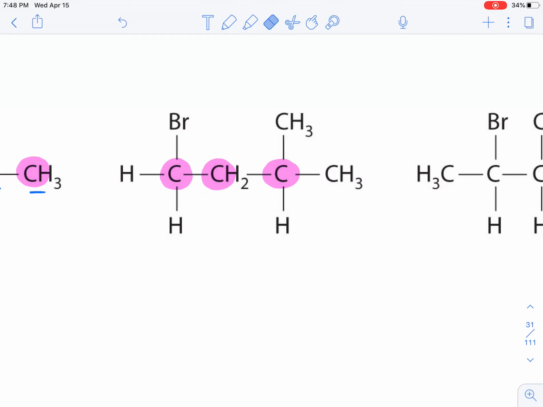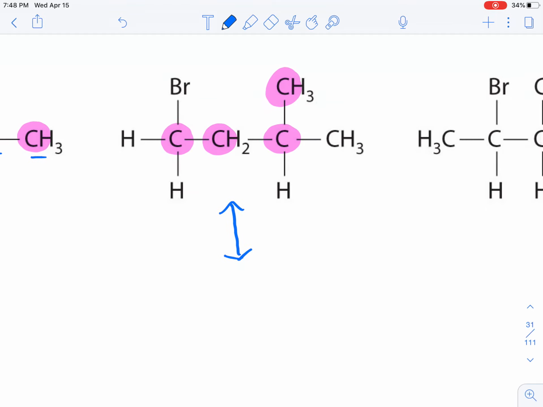If you ask, what about this carbon on the top? They're symmetrical, right? Whichever carbon you highlight in this specific example represents the overall carbon chain. Translating this into a skeletal structure, since we have a 4-carbon chain, we put 1, 2, 3, 4.